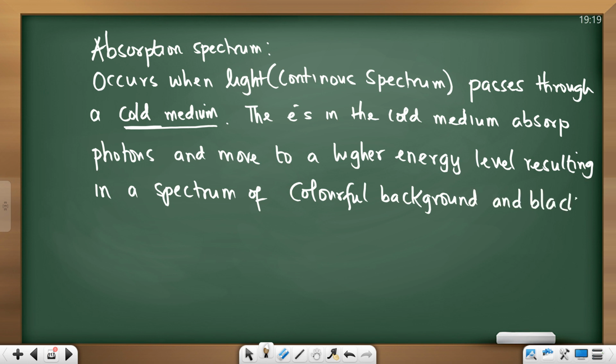This is the full story. Black lines. And the black lines simply indicate a missing photon. All right, absorption spectrum occurs when light, and when we talk about light, we talk about a continuous spectrum.